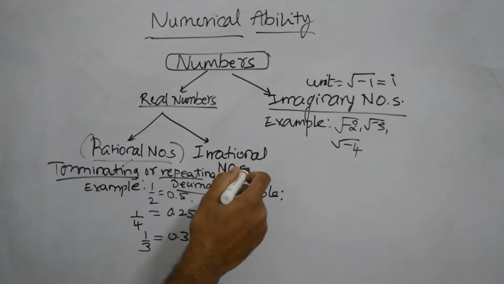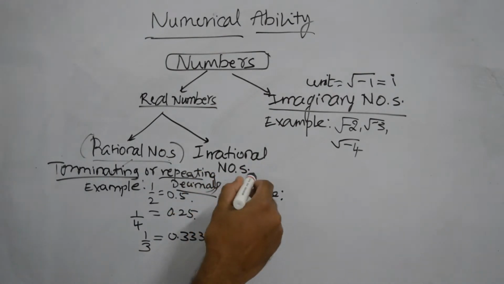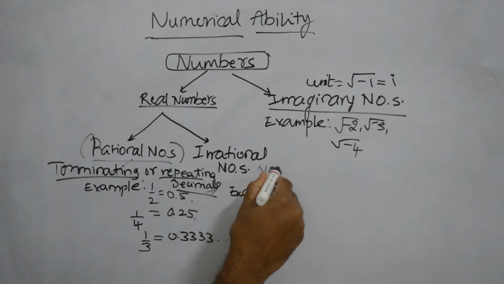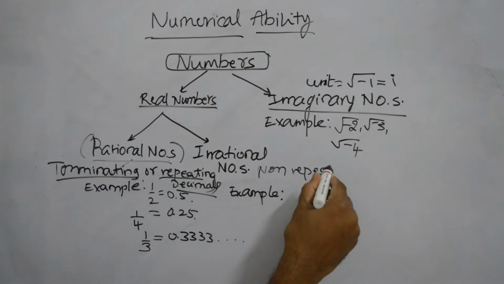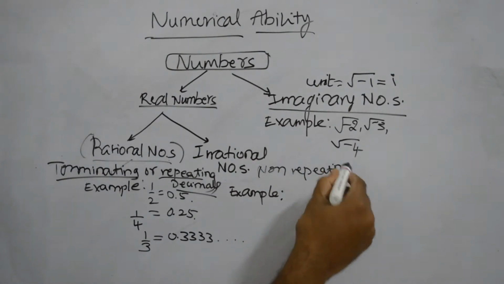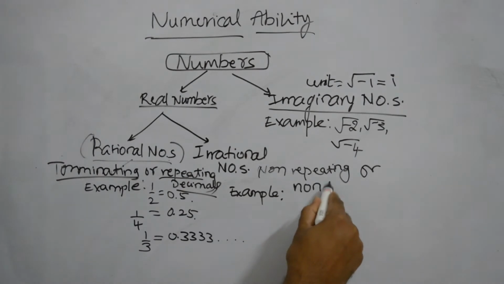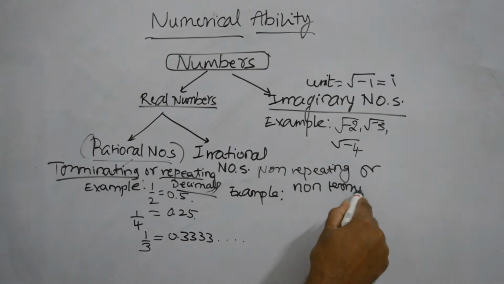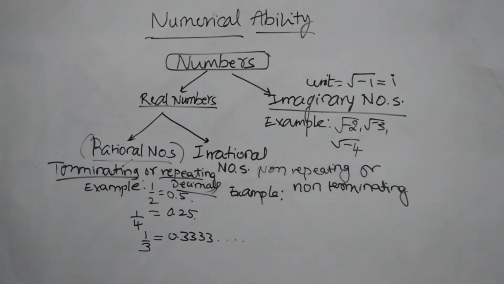And irrational numbers are those numbers which cannot be converted into fractions. These numbers are also called non-repeating or non-terminating decimals.